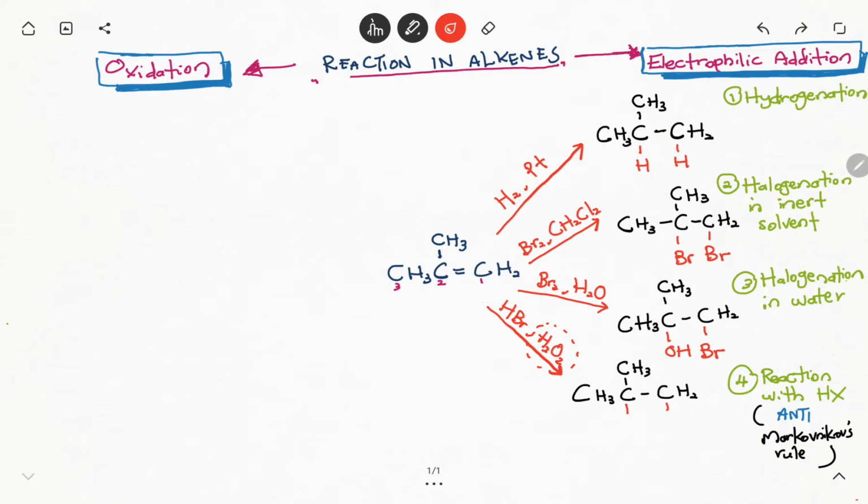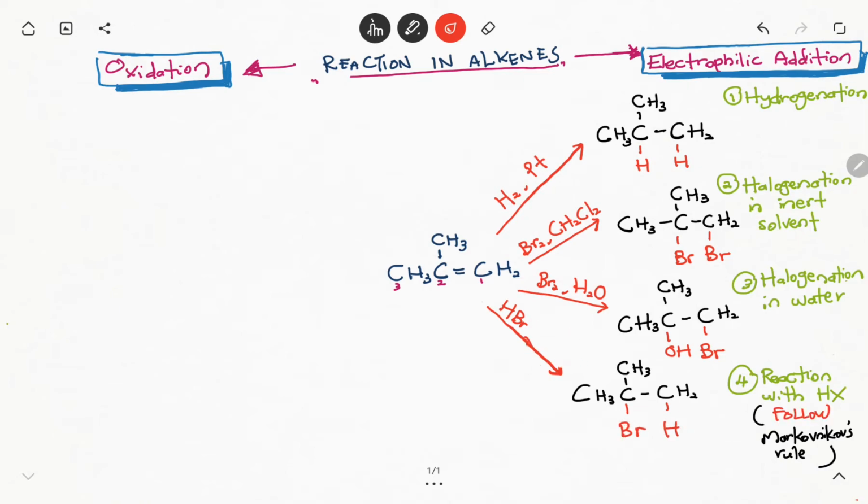In this condition, since it is anti-Markovnikov, hydrogen is added to carbon number 2 and bromine is added to carbon number 1. In this case, we add the hydrogen atom to the carbon of the double bond with the least hydrogen atoms. Remember, this rule is only applied when there is a presence of peroxide in the reaction.